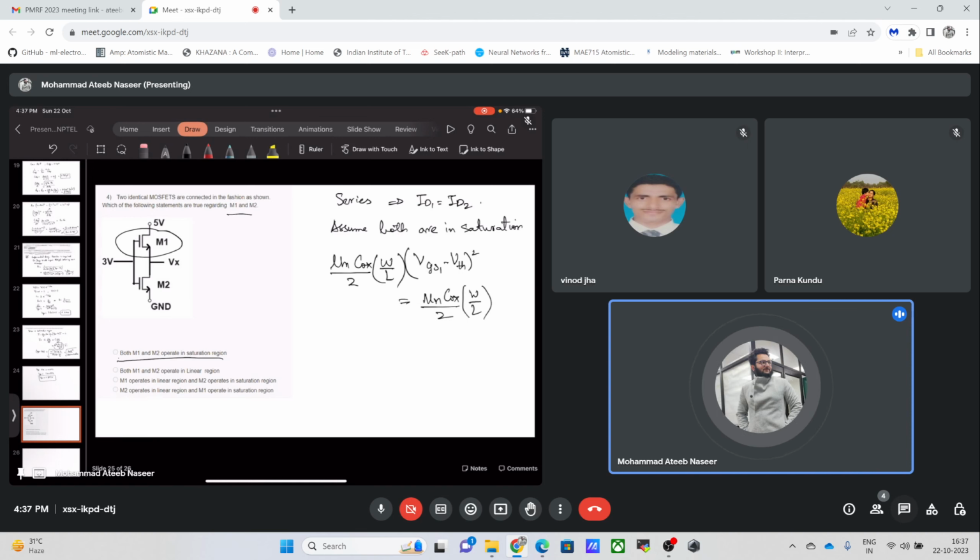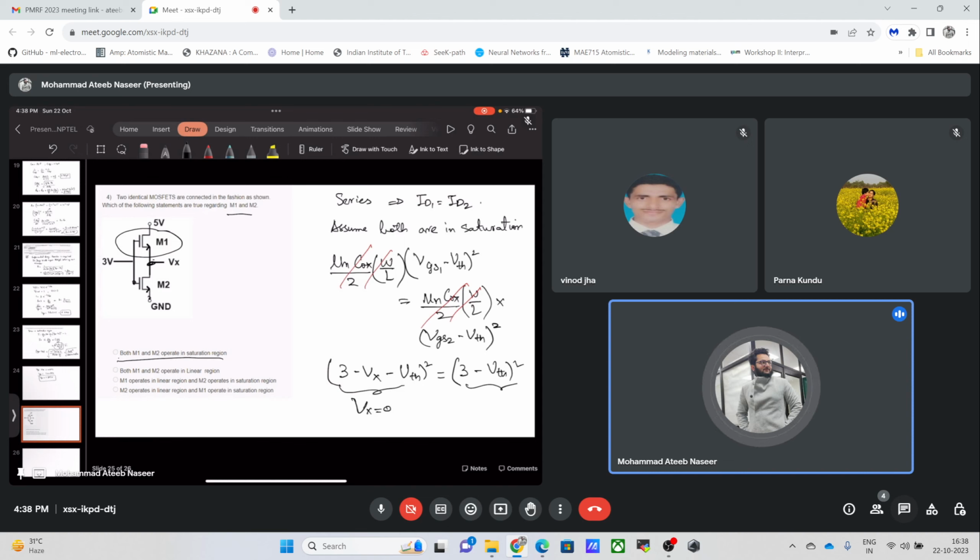They both are the same because they are identical, so this will cancel out. VGS1 is 3 minus Vx, minus VTH whole square. VGS2 is 3 minus 0, 3 minus VTH whole square. These two equations can be equal if and only if Vx is equal to 0.